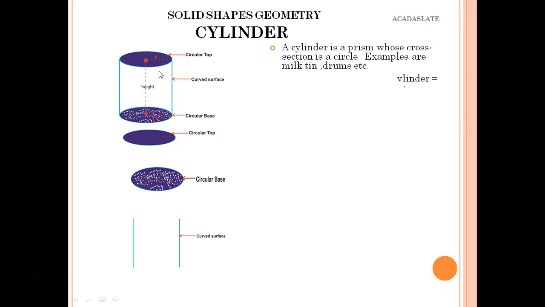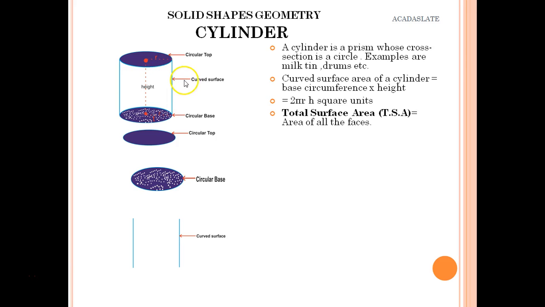The first step is to find the curved surface area of the cylinder. How do we find the curved surface area of the cylinder? The curved surface area of the cylinder is base circumference times height. From the diagram, the base of a cylinder is circular in shape.